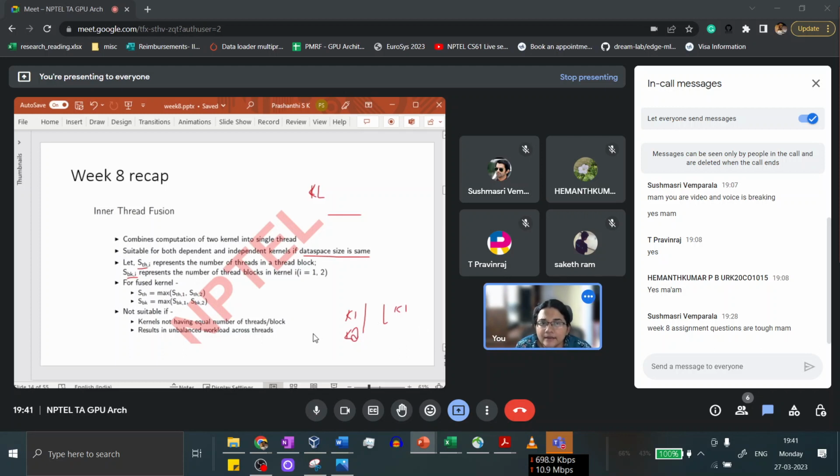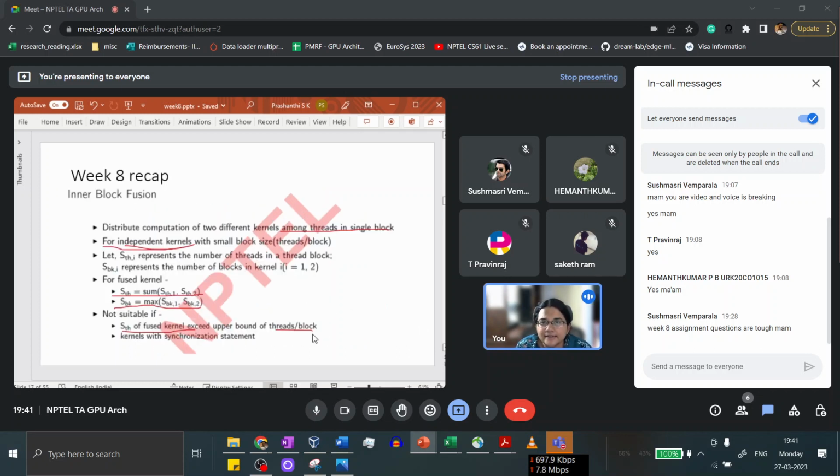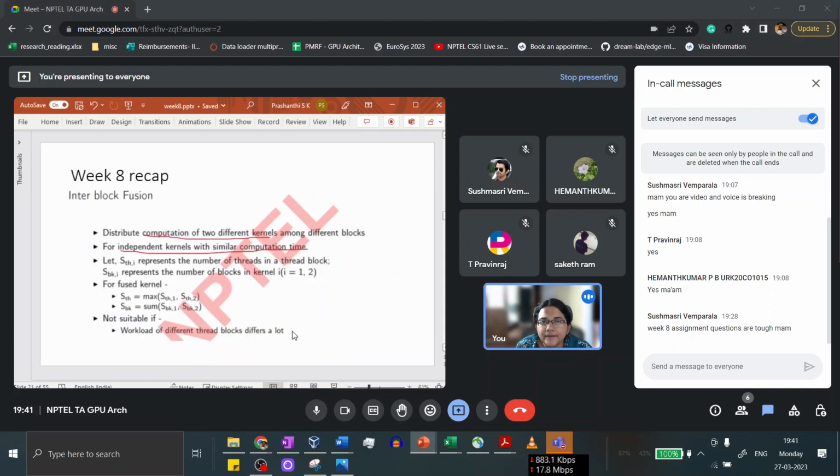There is not balanced work across threads, right? Similarly here, we want balanced work across blocks too. So that's why we want independent kernels with similar computation time. We don't want one block taking too little time, one block taking too much time, right?